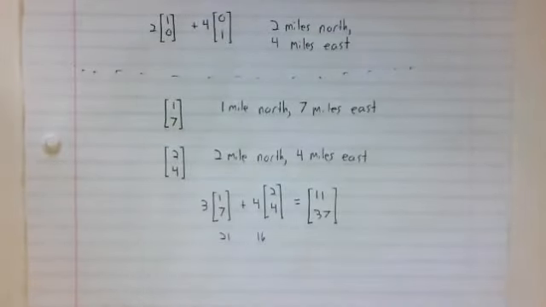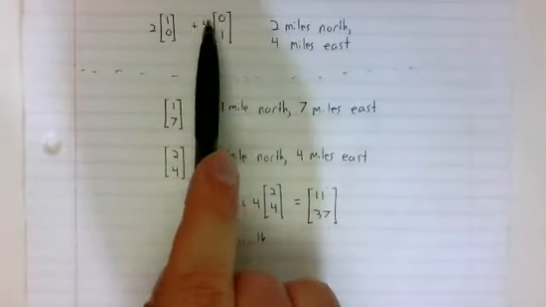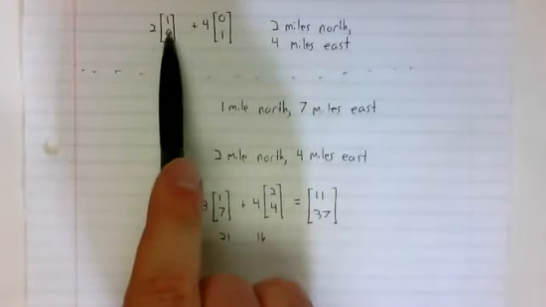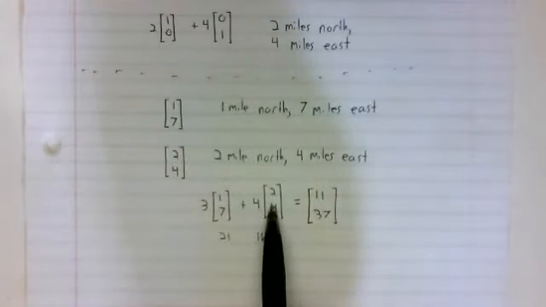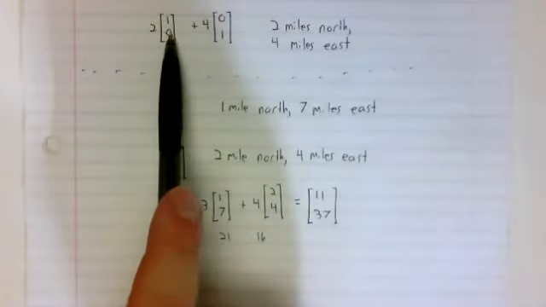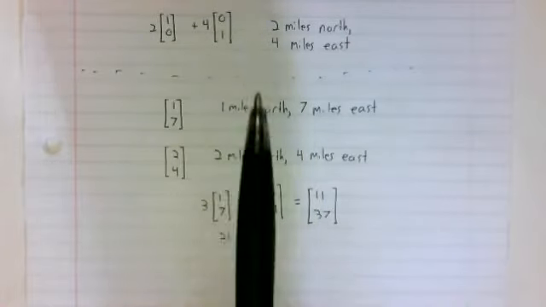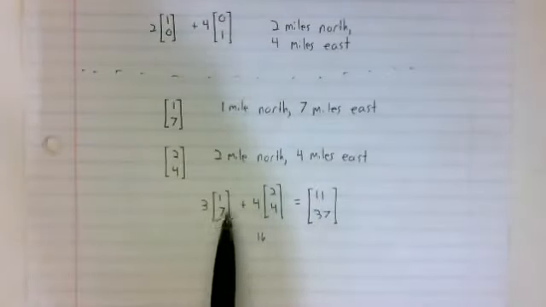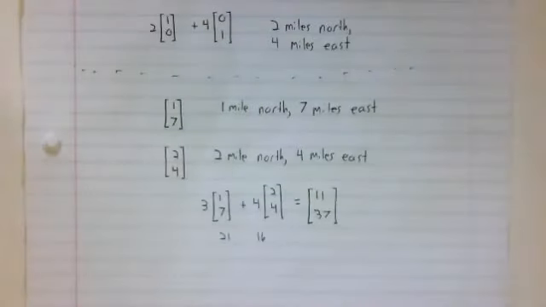And fundamentally, the reason that this basis was easy to work with and this basis is not so easy to work with is that these vectors are orthogonal, whereas these vectors are not orthogonal.